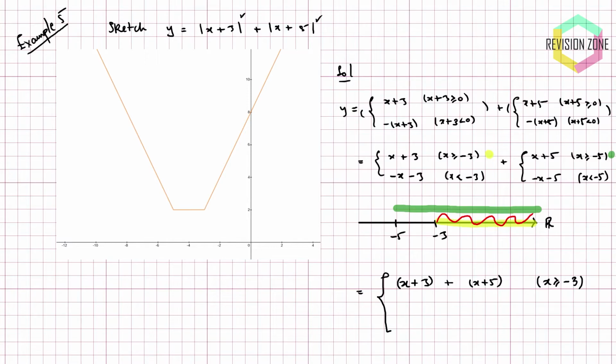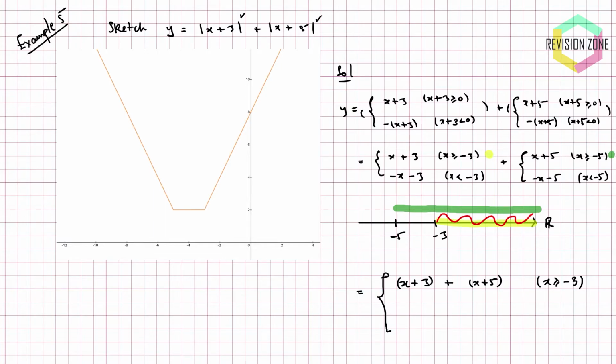And again, the justification is that this branch is valid on all of that green part, and this branch is valid on all of this yellow part. So for that red part, you have both the green and the yellow overlapping, which means because we're adding each branch, we add the relevant components, okay? We now repeat this way of thinking for the other regions.